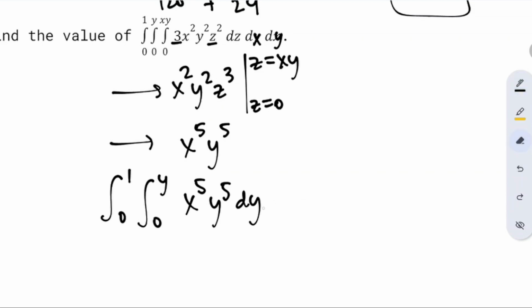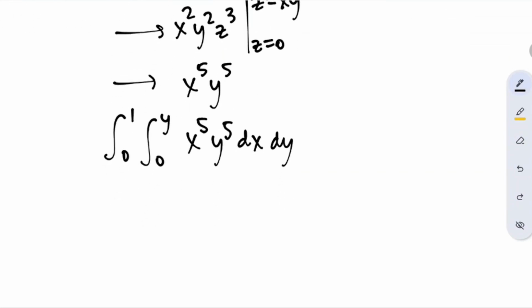So I'm going to anti-differentiate with respect to x. I am just going to factor out the 1/6, and then it'll be x to the 6th, y to the 5, x equals 0 to y. If x equals y, then I'd have y to the 6th, y to the 5, and that's y to the 11th.